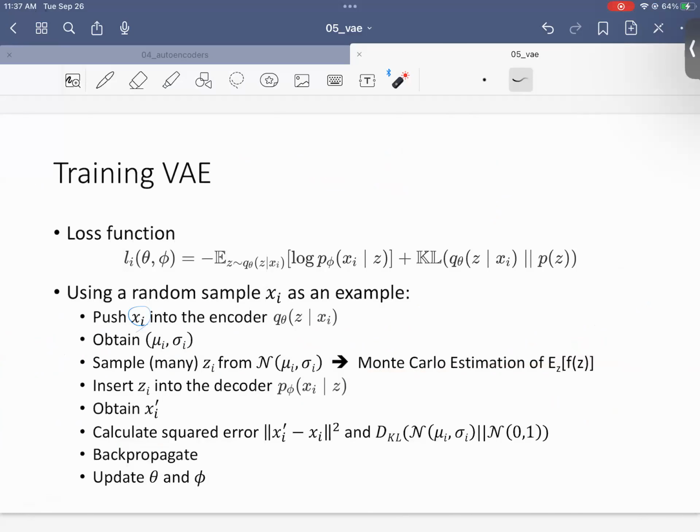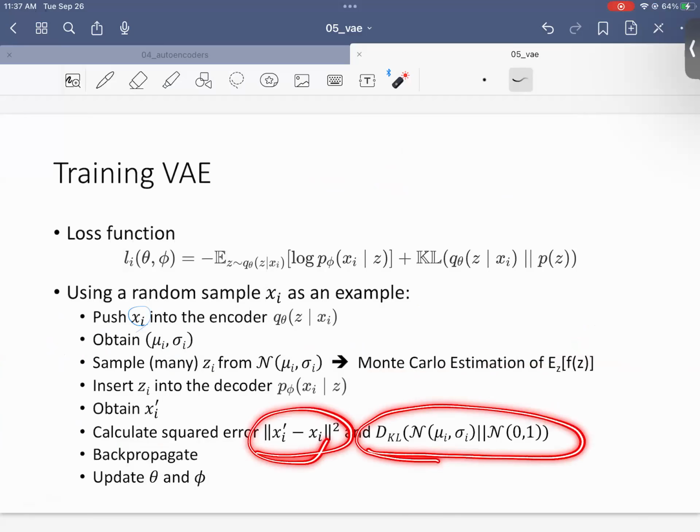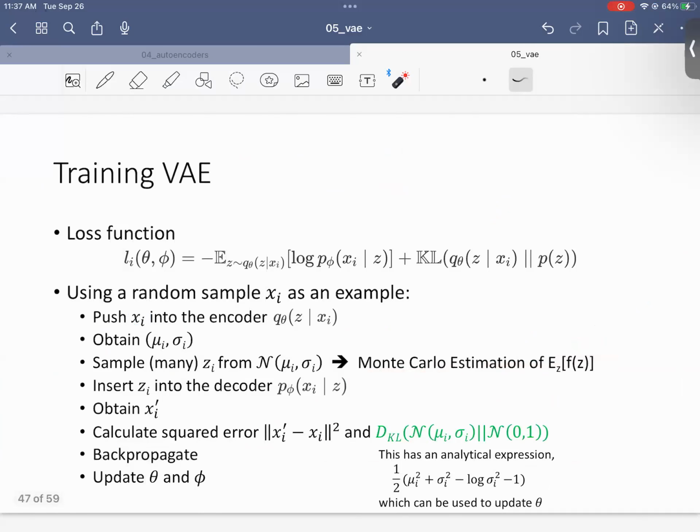And we calculate the squared error, the reconstruction loss, and the DKL. Fortunately, because these are both Gaussian distributions, the KL divergence between them is analytically solvable, so it's very easy to handle.